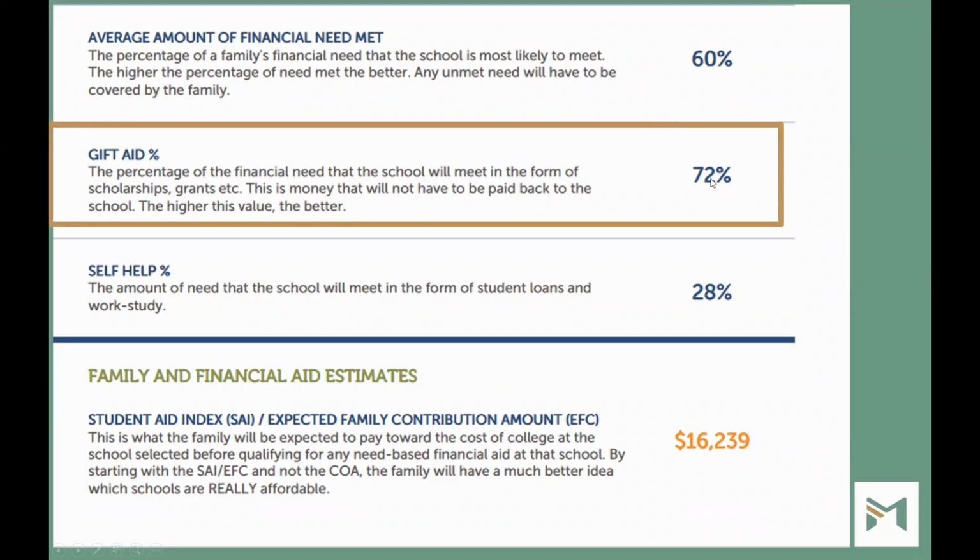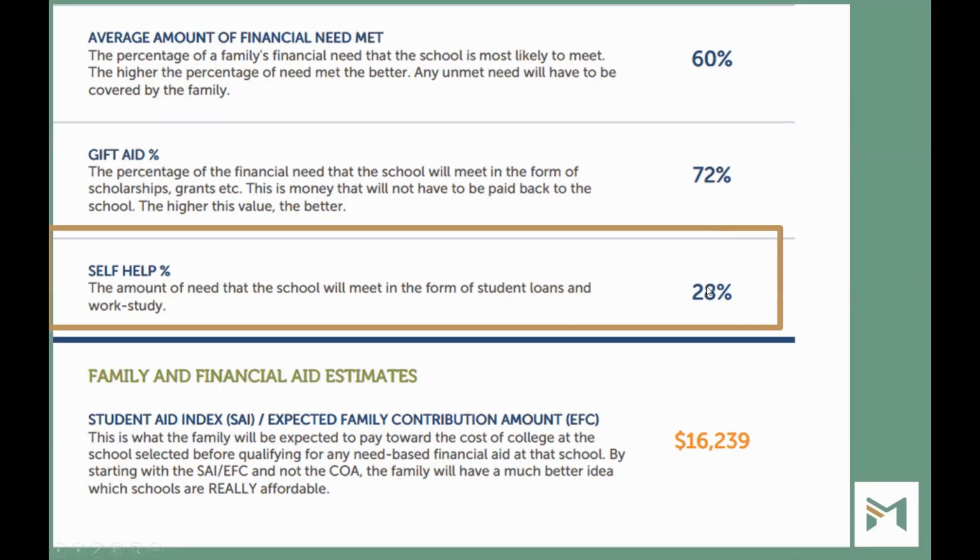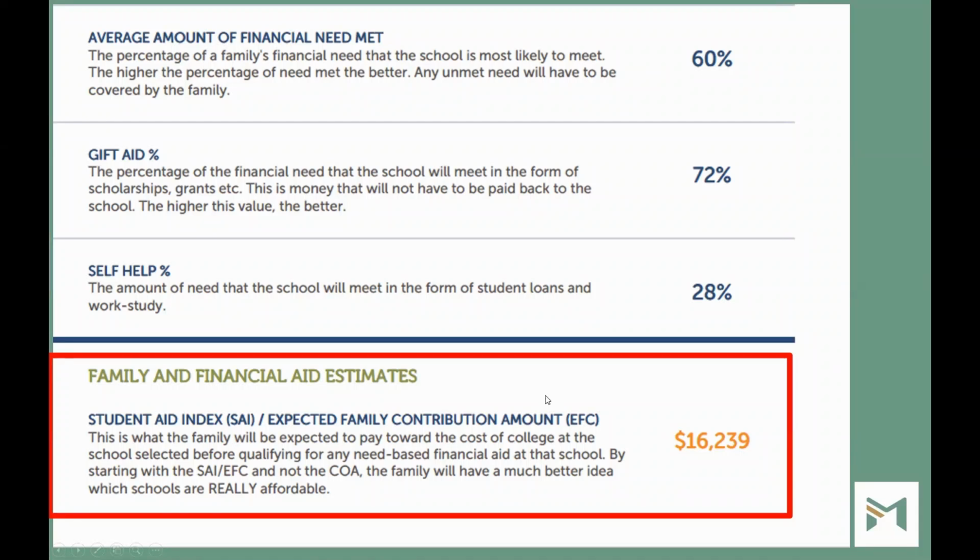And of that $6,000, only 72% is going to be gift money. The rest will be self-help, and mom and dad, you have to pay for that. Remember, your out-of-pocket costs include student aid index, gap, and self-help, and any loans that you need to pay back.